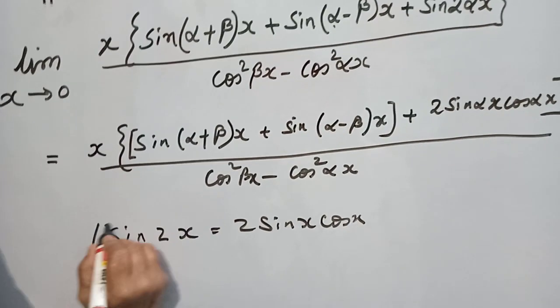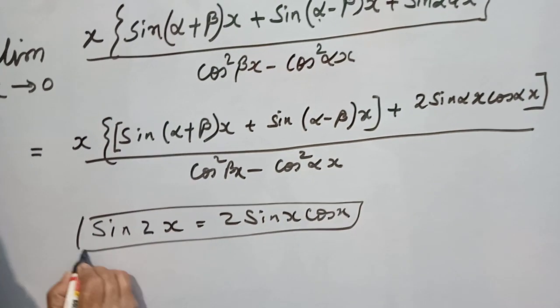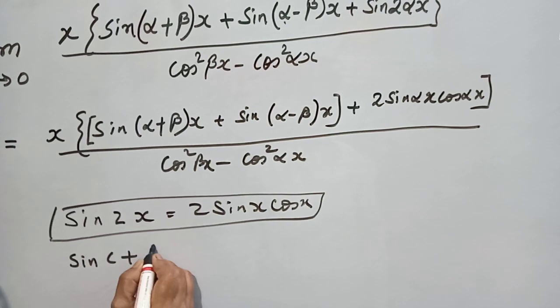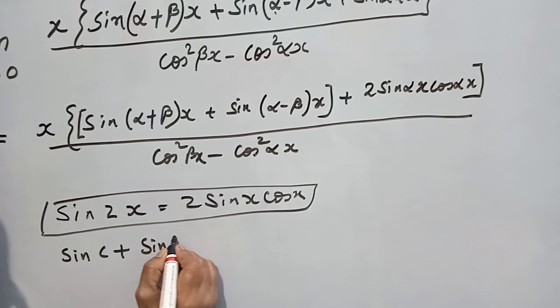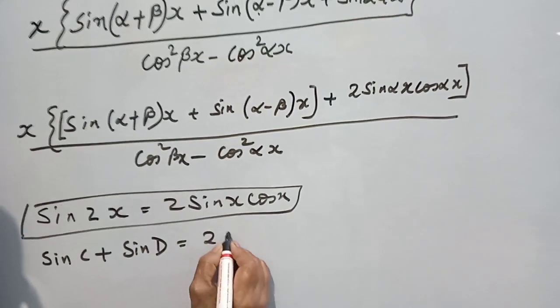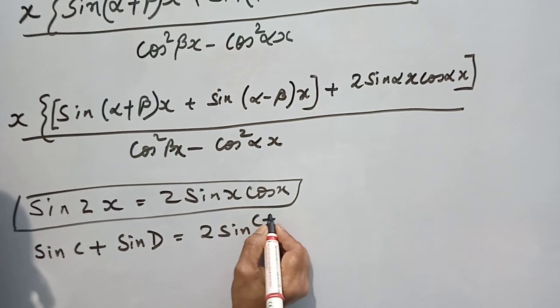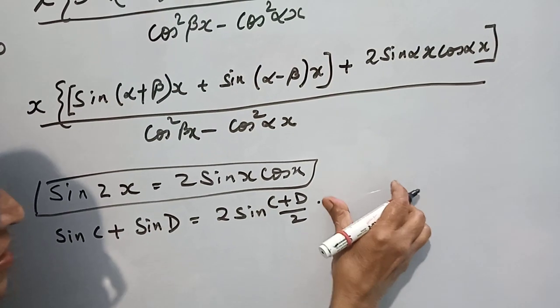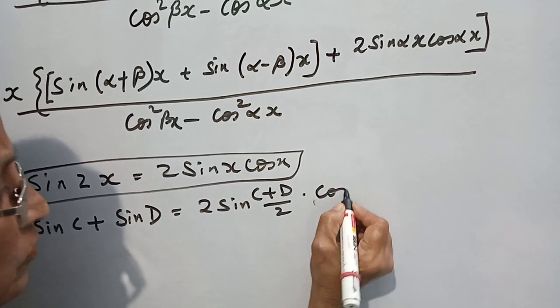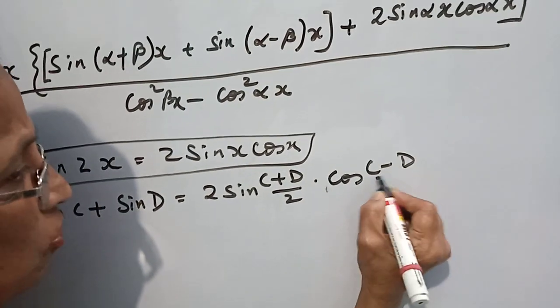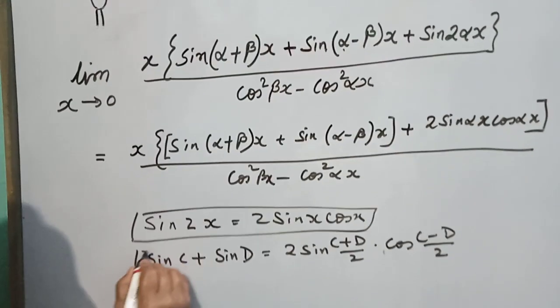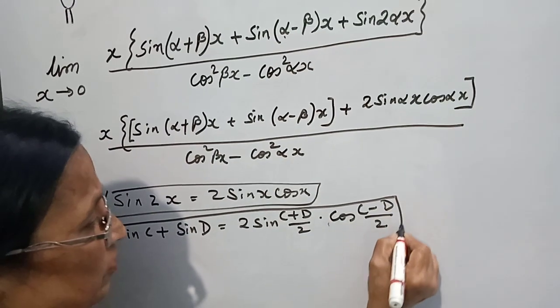I have used this formula there, and also I will use this one, sin c plus sin d, that is sin c plus sin d is equal to 2 sin (c plus d) by 2 into cos (c minus d) by 2. So these two formulas I will use here.